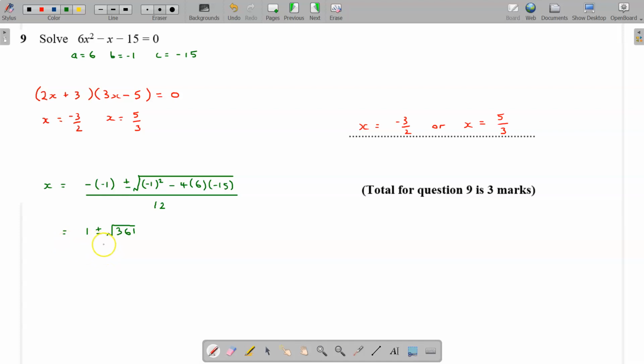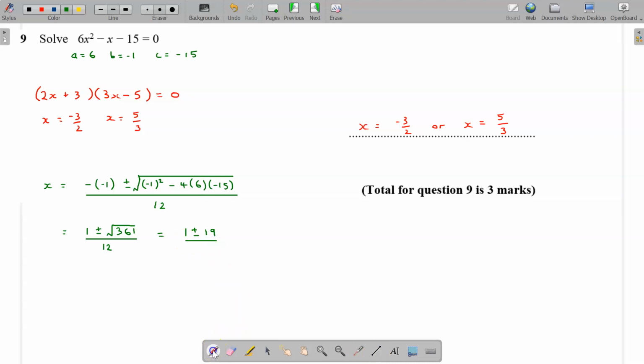And this is 12 underneath, and if you then process that further, because that's 19, you get 1 plus or minus 19, over 12.